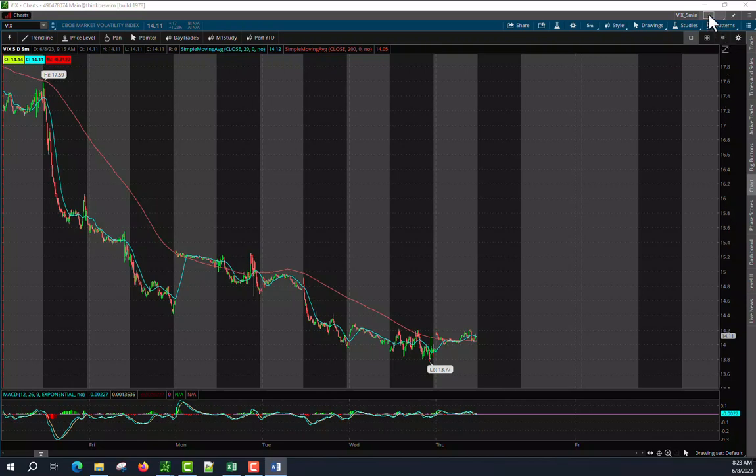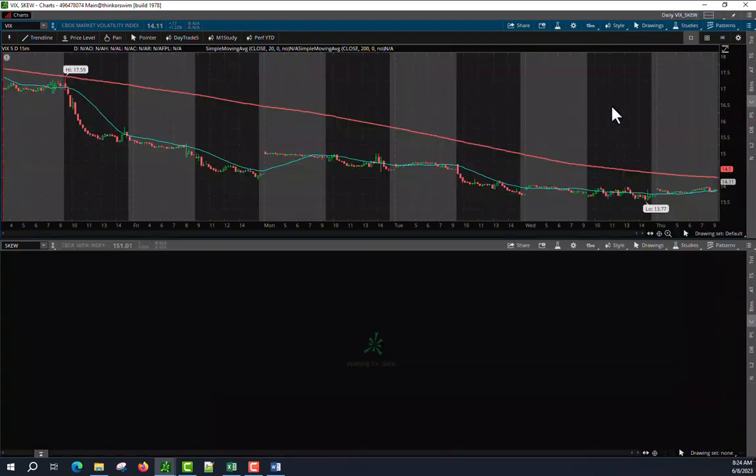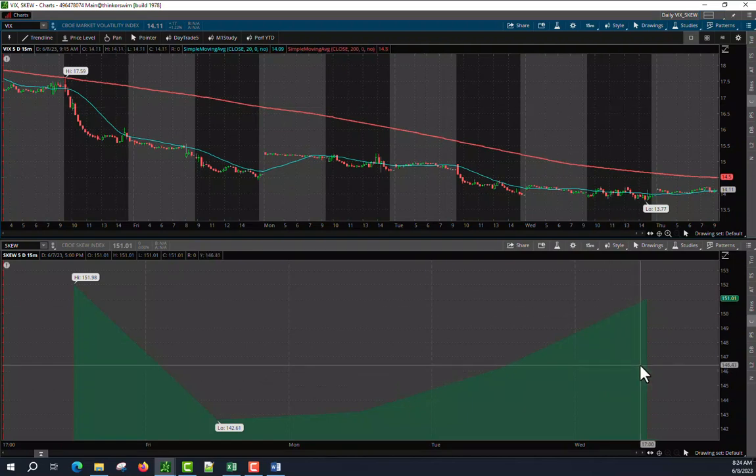And then we want to also take a look at the VIX in comparison to the skew. So let's see, the skew really jumped from yesterday to 150.01, really high.